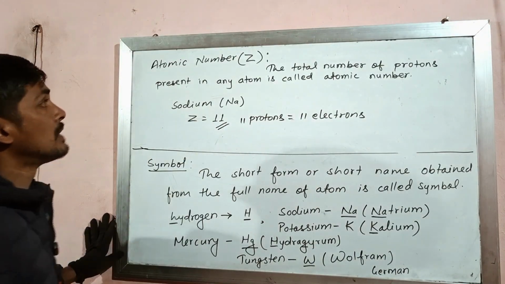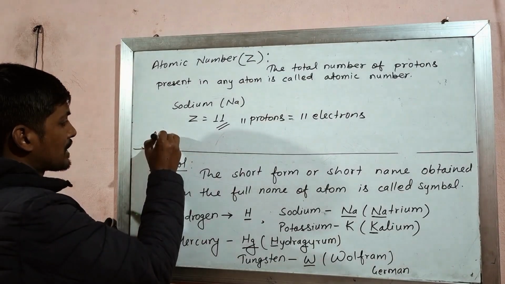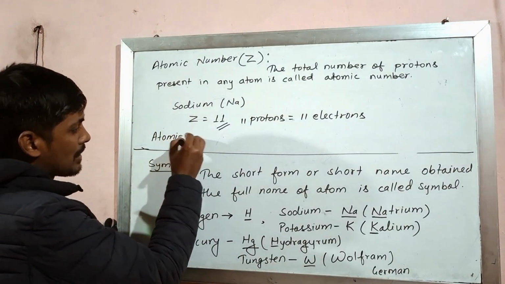Okay, after atomic number, we have another property, that is atomic mass.